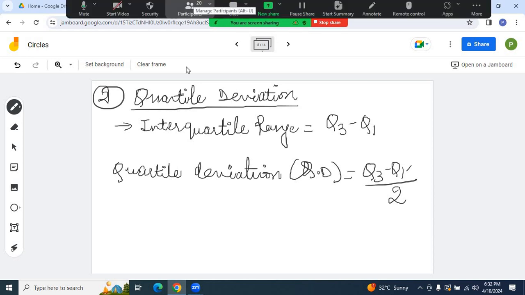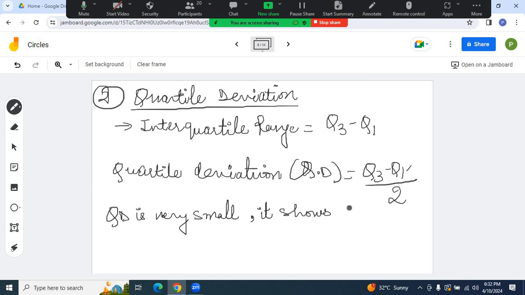The main purpose is, if quartile deviation is very small, it shows high uniformity, means high reliability. As the deviations are small, as the variation is less, it will be more reliable.